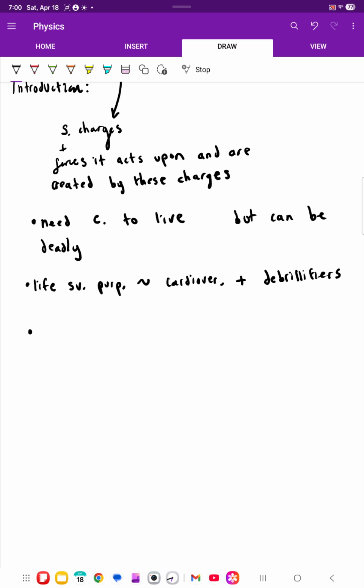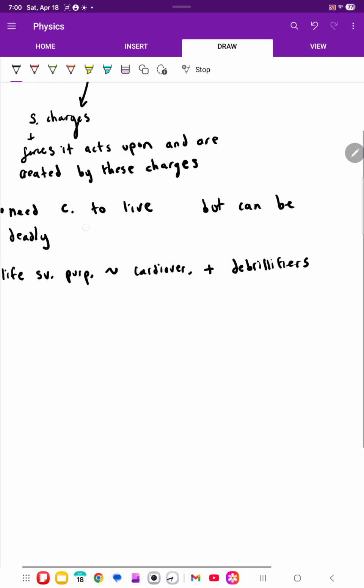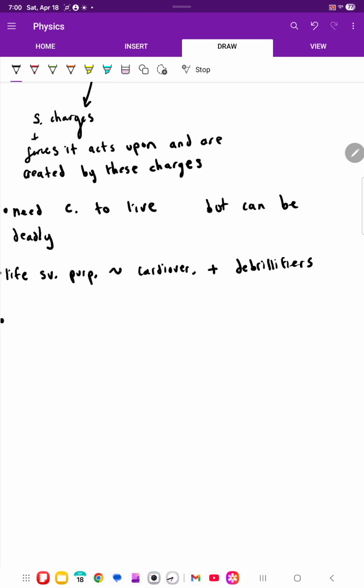We will review basic concepts essential to understanding charges and electrostatic forces.